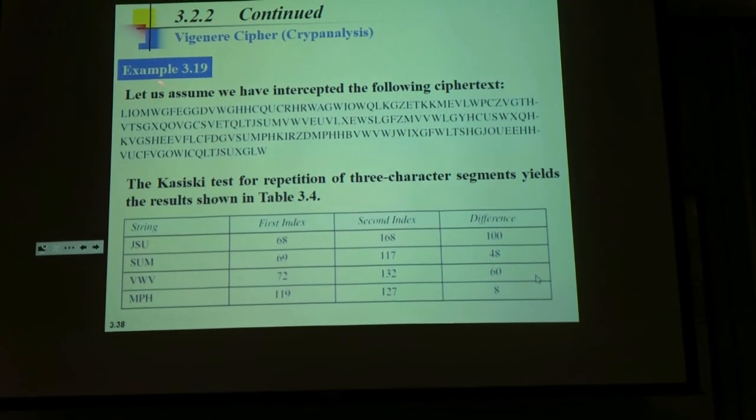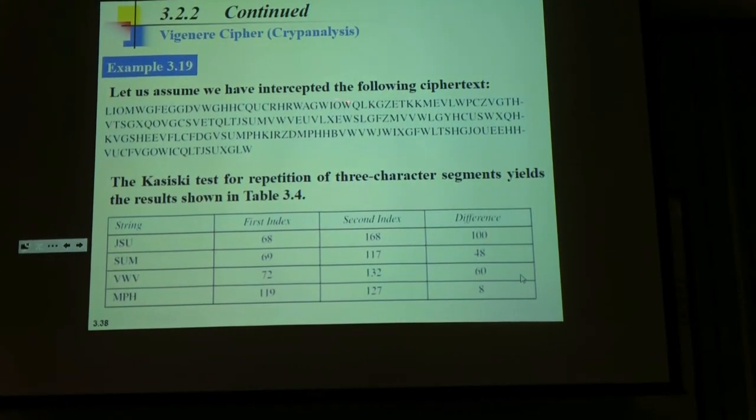Let us assume we have intercepted the following ciphertext. If we do a statistical test for repetition, 3 character segments yield the results shown. So these 3 characters were repeated. First it happened at 68, the second time at 168, so the difference is 100.